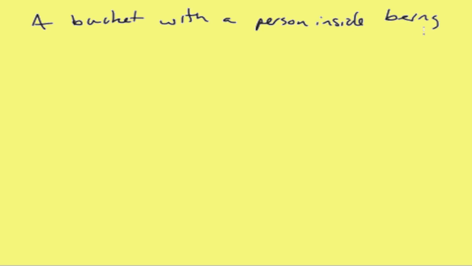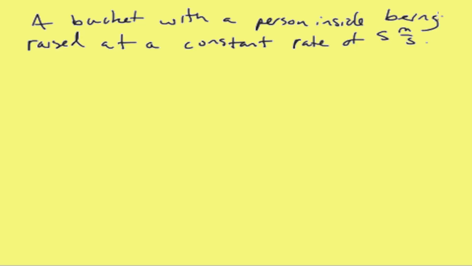Alright, now what we'll do is an example problem that will teach us how to do free body diagrams. In the problem, we're going to have a bucket with a person inside being raised at a constant rate of 5 meters per second.